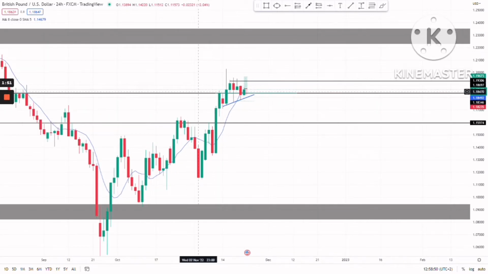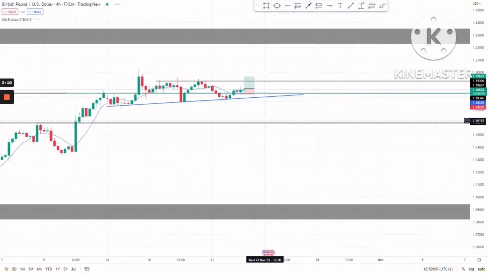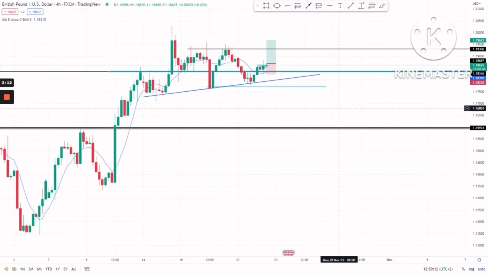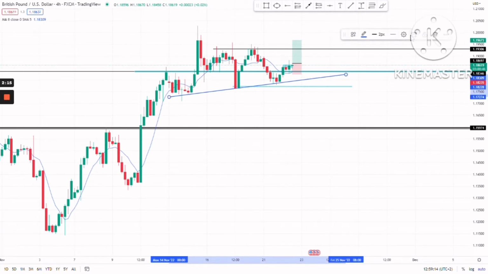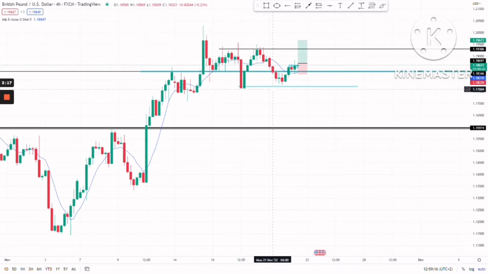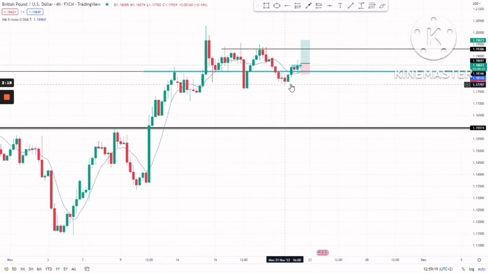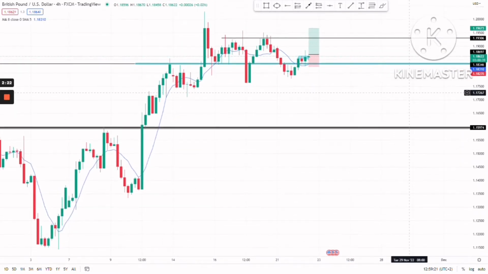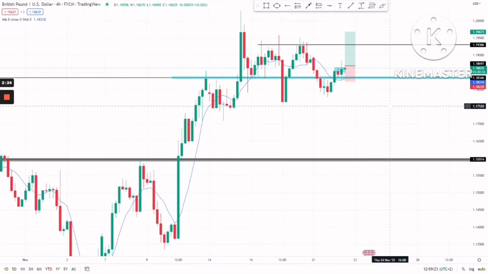So when I move over to the 4-hour, I've determined my direction. Okay, 4-hour, here we go. Let me just delete this trend line here. I hope you can see my screen clearly.